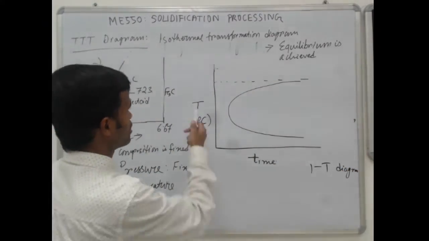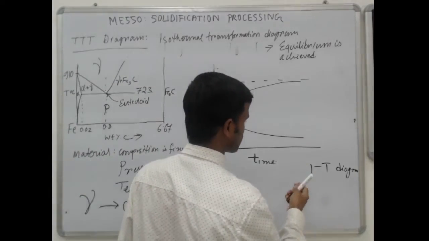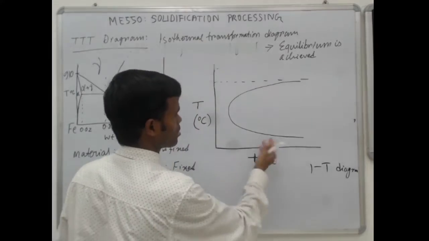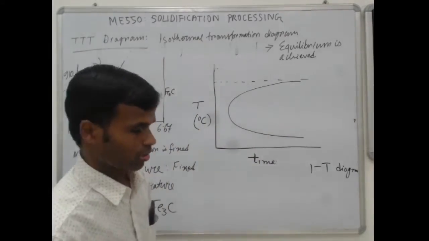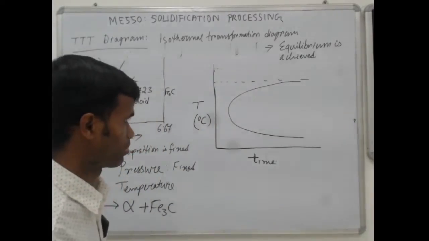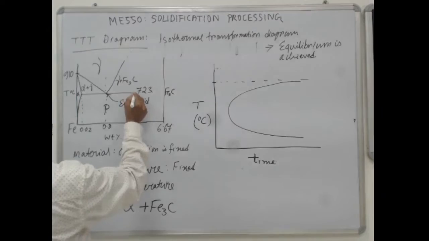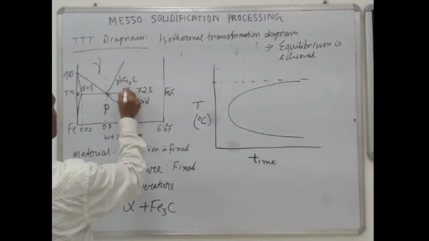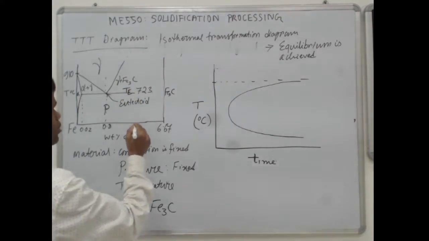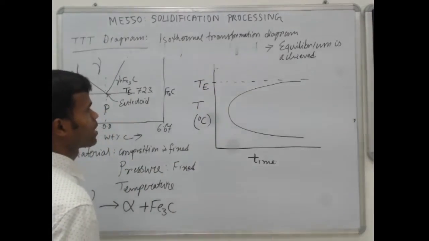So the TTT diagram is the reciprocal, the x axis is reversed actually. Then we get the TTT diagram. Here this temperature 723 would be T capital E, the eutectoid temperature.